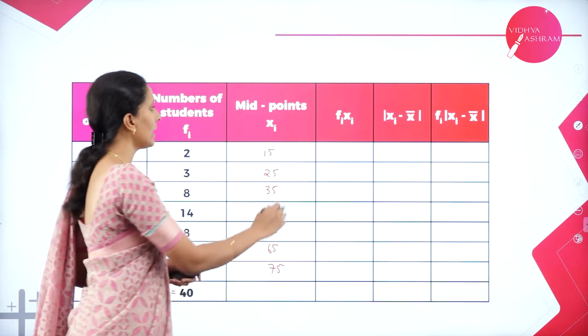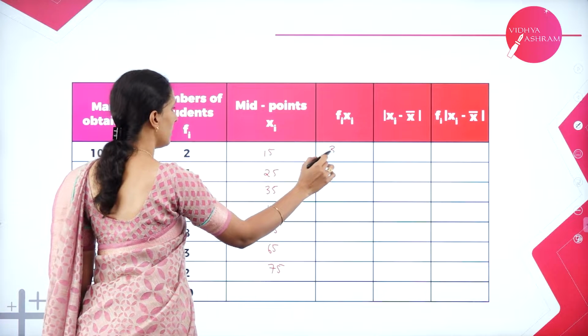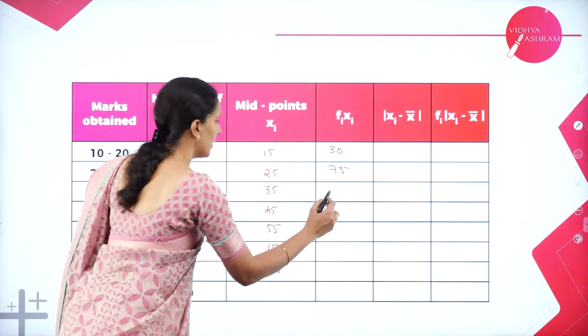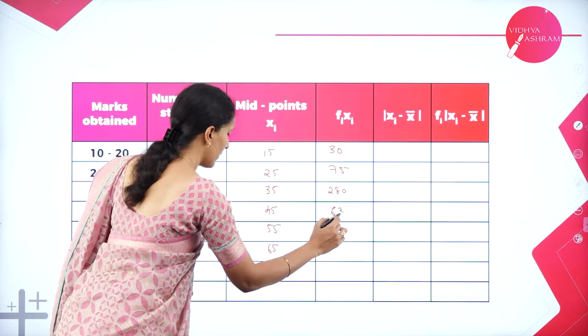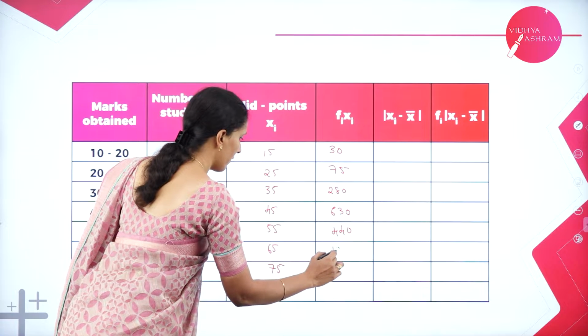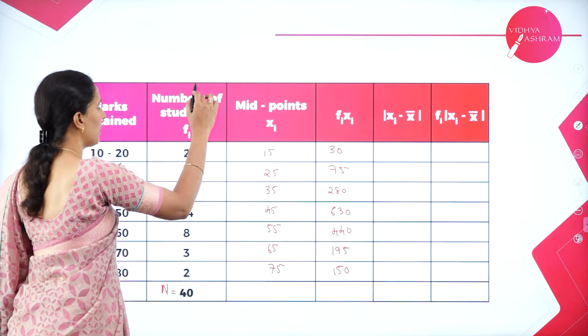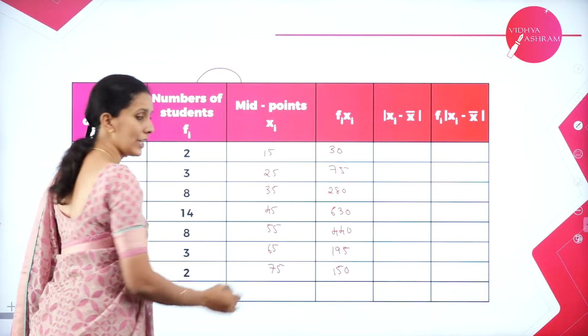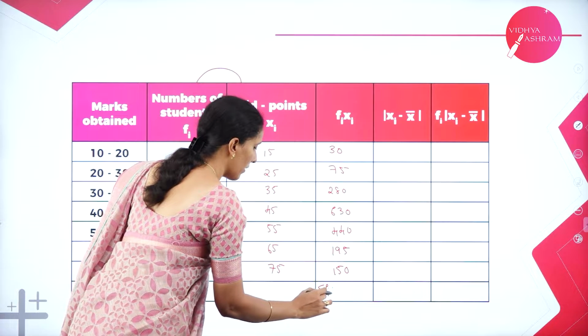For that, I need the fi xi column. So multiply: this is 30, 75, next it is 280, next it is 630, 440, 195, 150. So by multiplying these two columns, you will get the next column. Let us take the summation of fi xi.